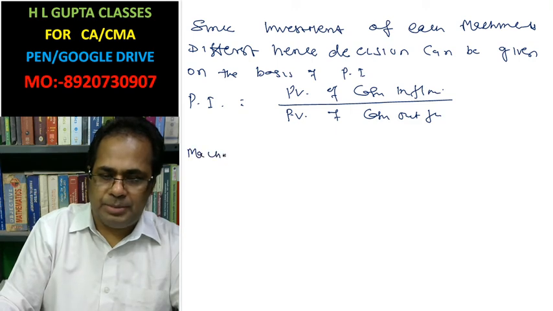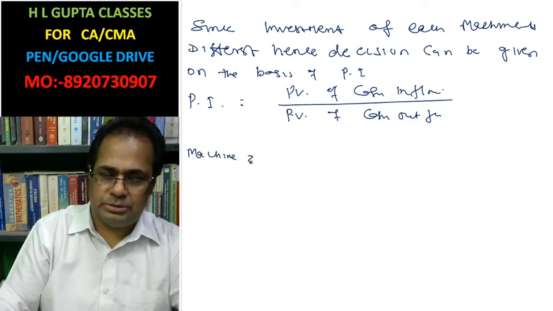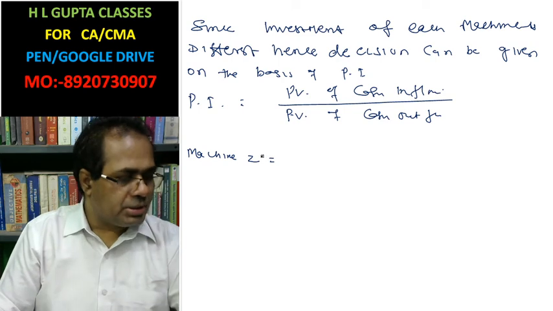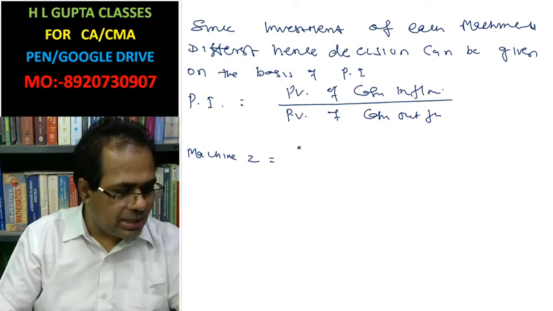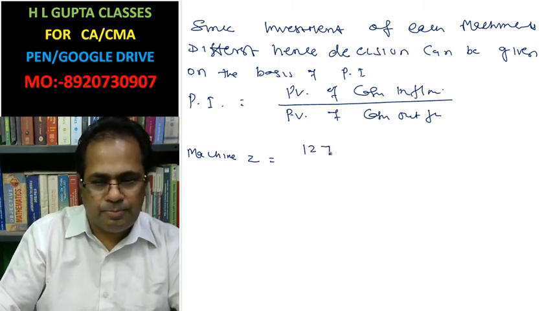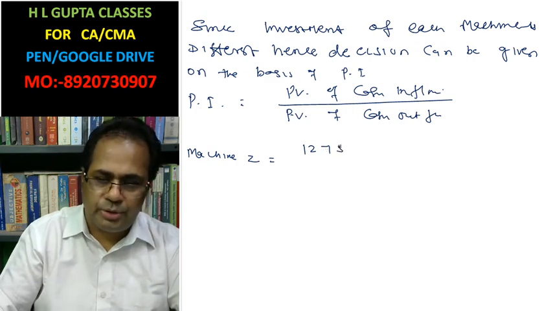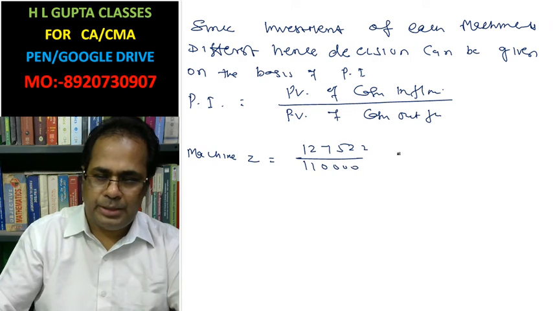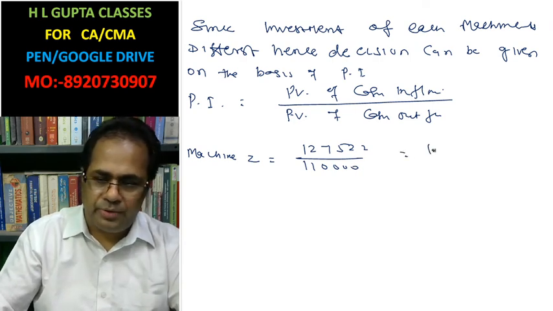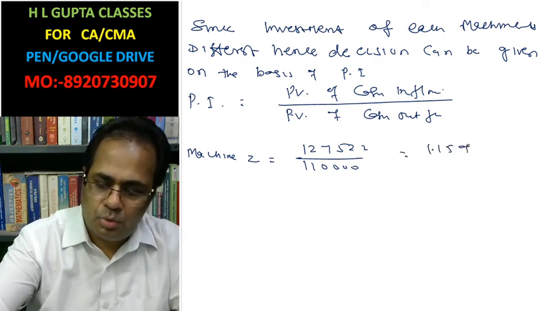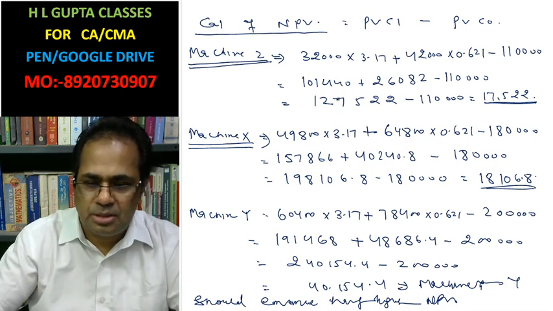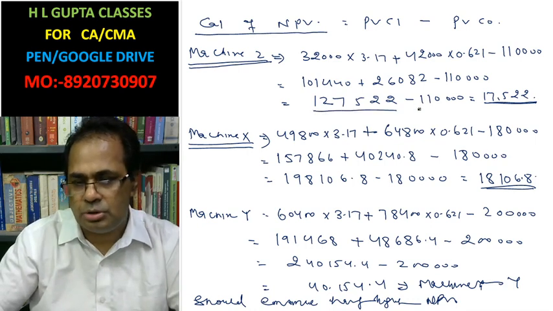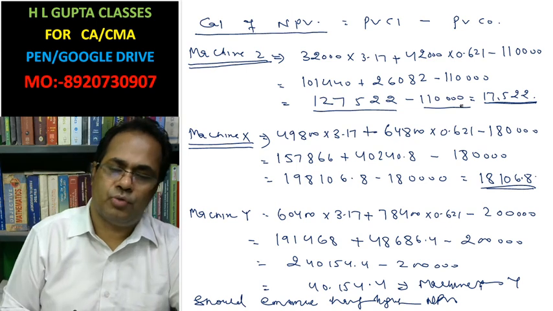In the case of machine Z, present value of cash inflow is 1,27,522, divided by 1,10,000, which is 1.159. This is the present value of cash inflow, and this is the present value of cash outflow.